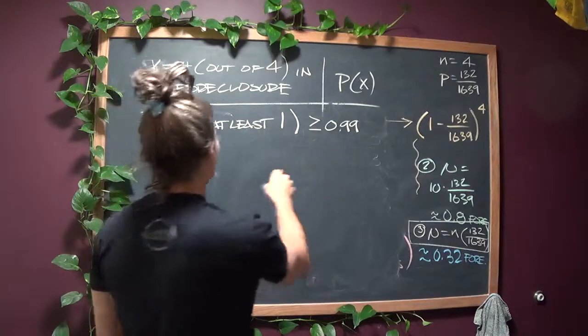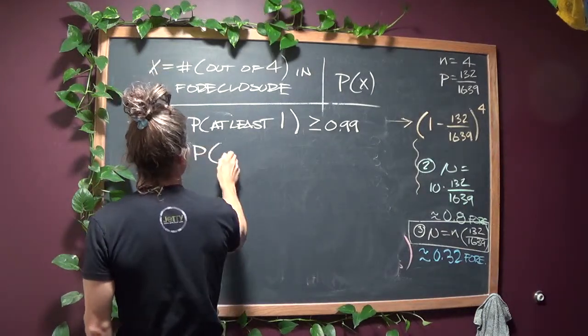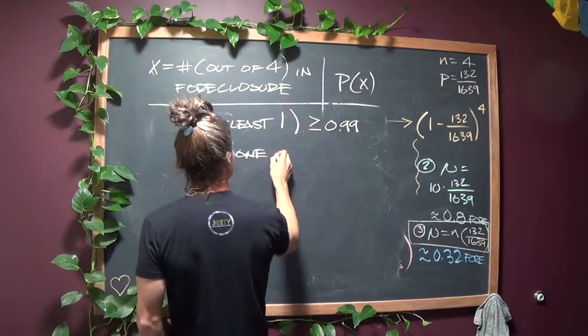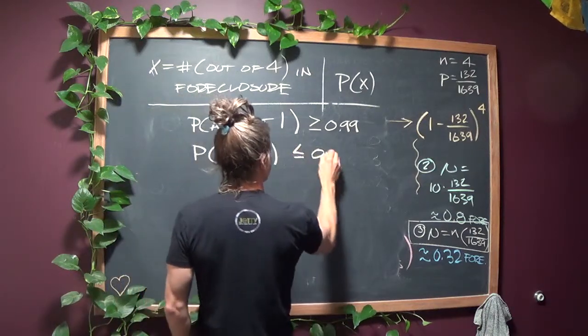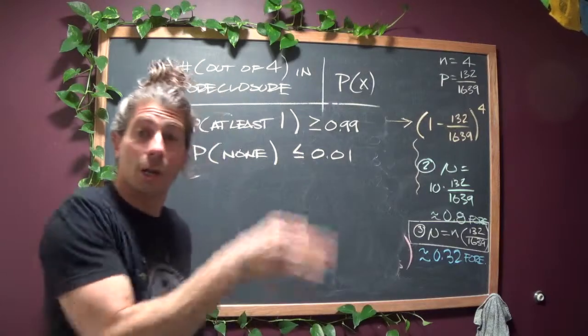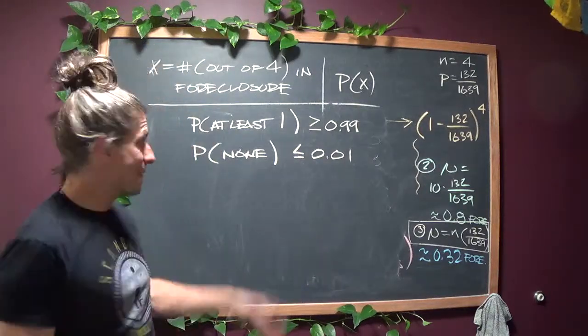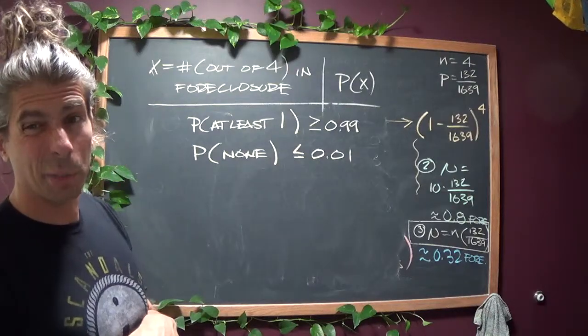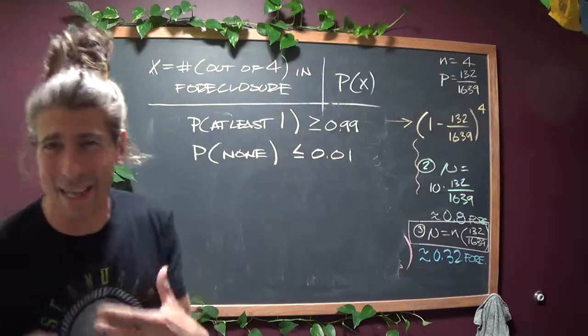That means the probability of none of however many you selected being in foreclosure has to be no more than 1%. And that really is the key right there, the chance of none of them being in foreclosure being no more than 1%.